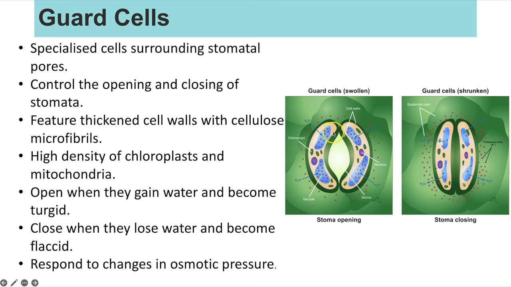So the stomata opens when the guard cells bend. They're going to bend like this when lots of water moves in, causing the cell to become so full of water and turgid that they bend and create that opening. They will close when there isn't as much water inside of them, so the cells become flaccid. That causes them to move close together, so the stomata closes.